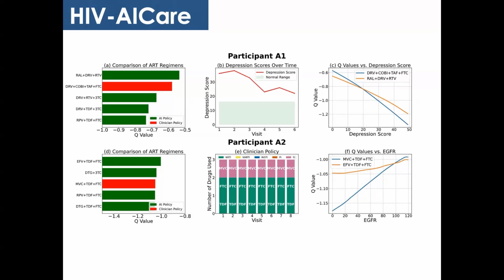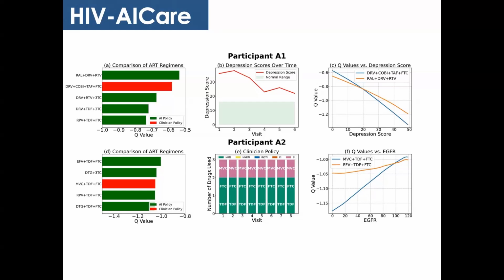Here are the results, the top 5 for 2 participants. In the upper panel, the red color is the clinician policy, meaning the clinician actually assigned this drug regimen to this person. We dug into why we prefer IL plus DRV plus RTV over the clinician policy, and found this person is depressed; the depression level is above the normal range.